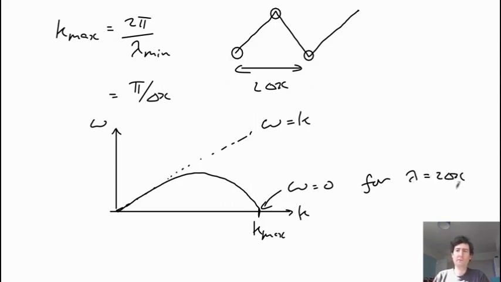So for the wavelength that is 2 times the grid spacing, there's a 0 frequency mode.